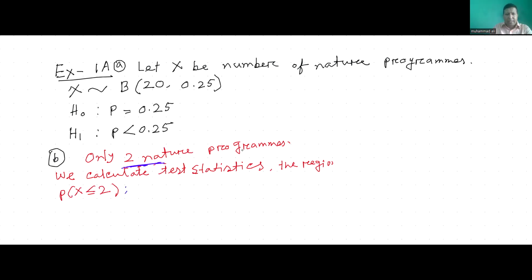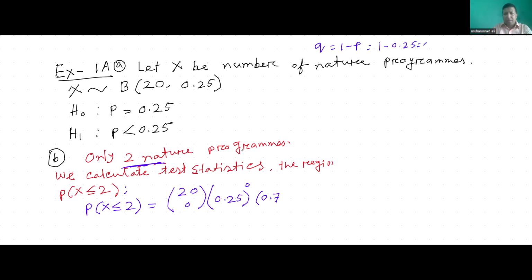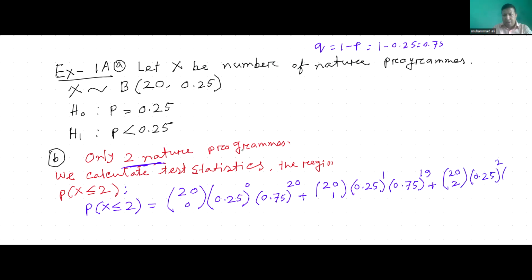Now, probability of X less than or equal to 2 equals binomial: 20C0 times 0.25 to the power 0, times 0.75 to the power 20, where q means 1 minus p, so 1 minus 0.25 is 0.75. Plus 20C1 times 0.25 to the power 1, times 0.75 to the power 19, plus 20C2 times 0.25 to the power 2, times 0.75 to the power 18.